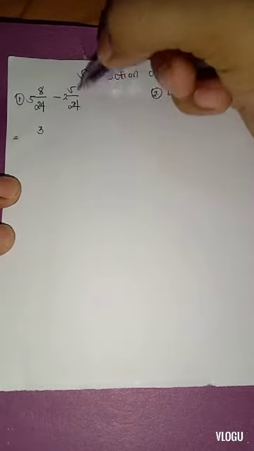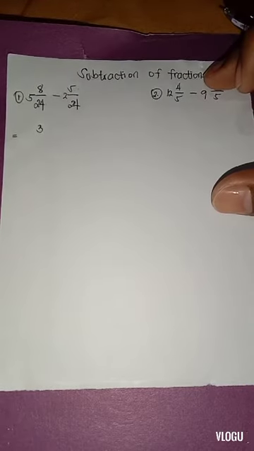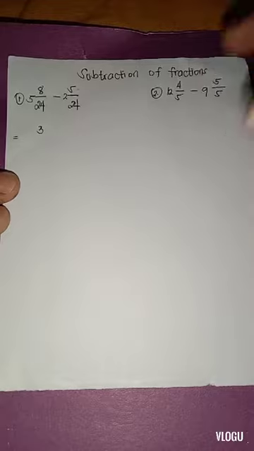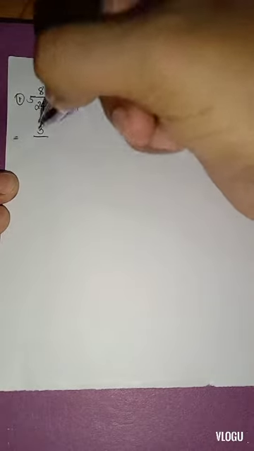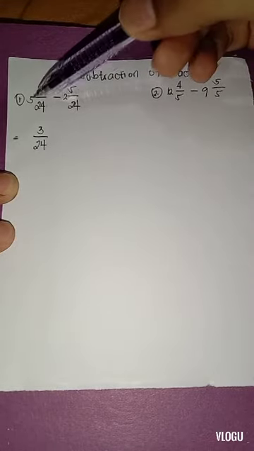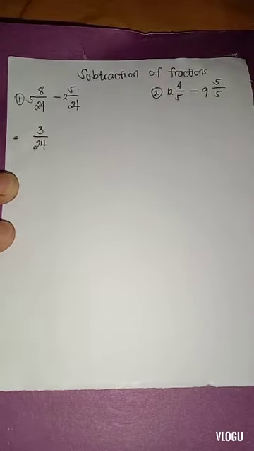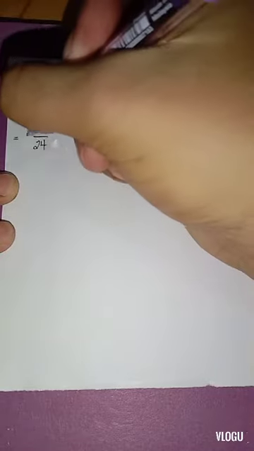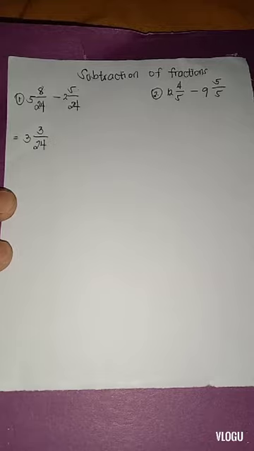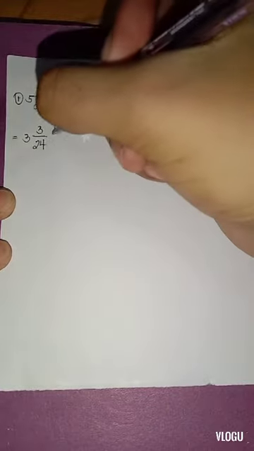And then simply copy the denominator since our denominator is similar, so they are the same. So we will just copy, we have 24, and then subtract the whole number which is 5 and 2. So 5 minus 2, we have 3, and then express our answer in lowest term if possible. So if it is possible to reduce, we will just express it in lowest term.